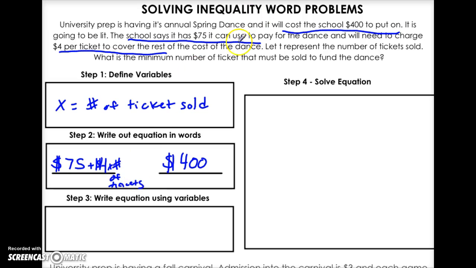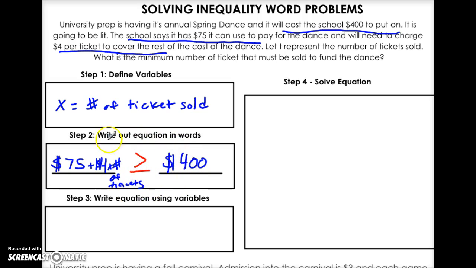Now the big thing here is figuring out which direction the inequality sign should point. On this side, we have the amount of money we're earning, that's $75 plus $4 for every ticket we sell. And on this side, we have $400. Well, we know that we want the amount we earn to be greater than or equal to $400. That's the big challenge here.